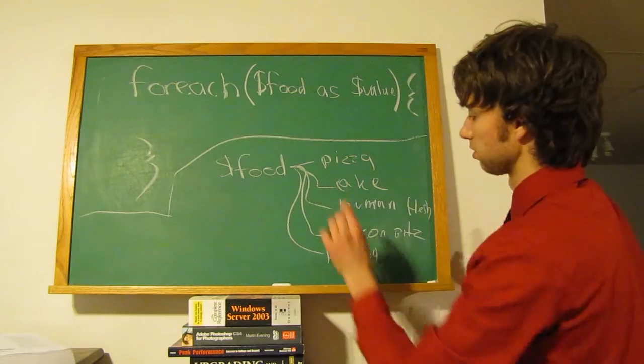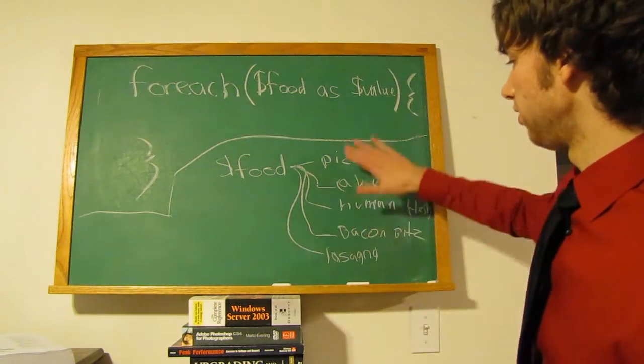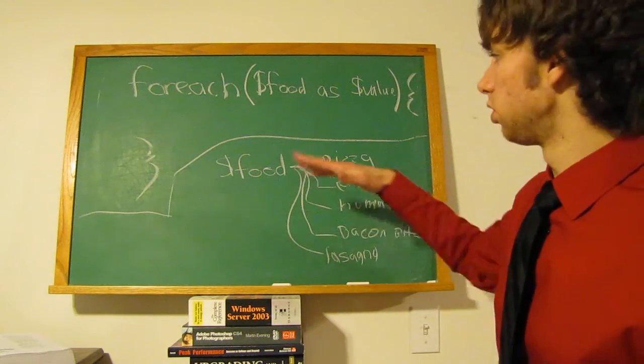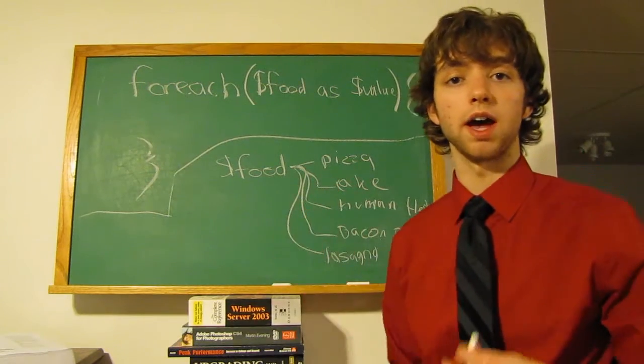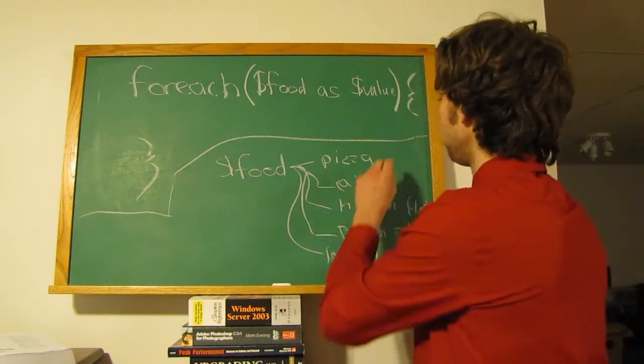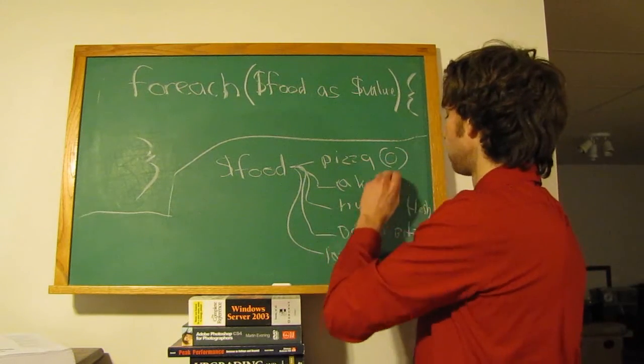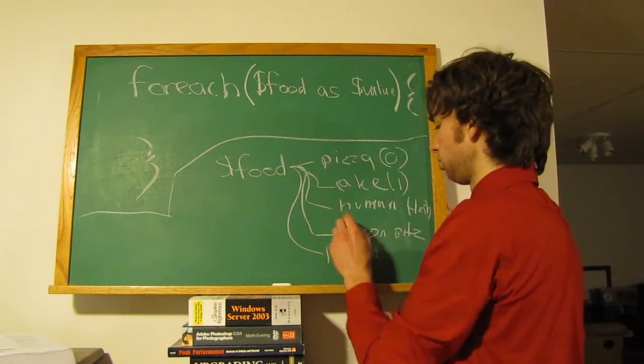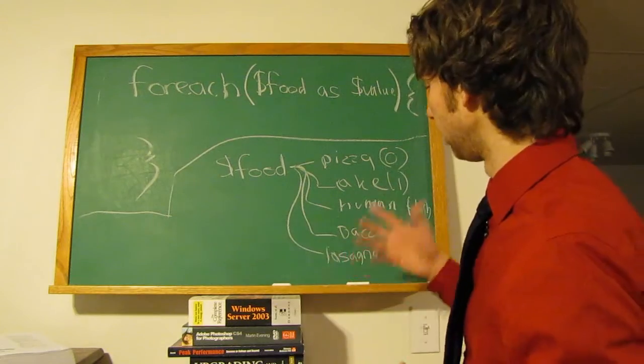Cool. So here are all of the values within food. And these would also have an appropriate key. So if it was an indexed array, this would be 0, this would be 1, 2, 3, 4, and that's it.